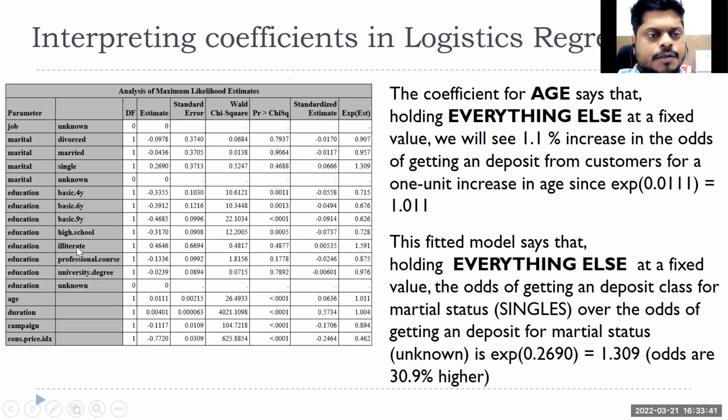Education illiterate, unknown is the base parameter, illiterate is 1.591. So it has a very good odds estimate. What it says is, if somebody is illiterate in comparison to somebody whose educational information is unknown, that person has 59.1 percentage more odds of taking a bank account.